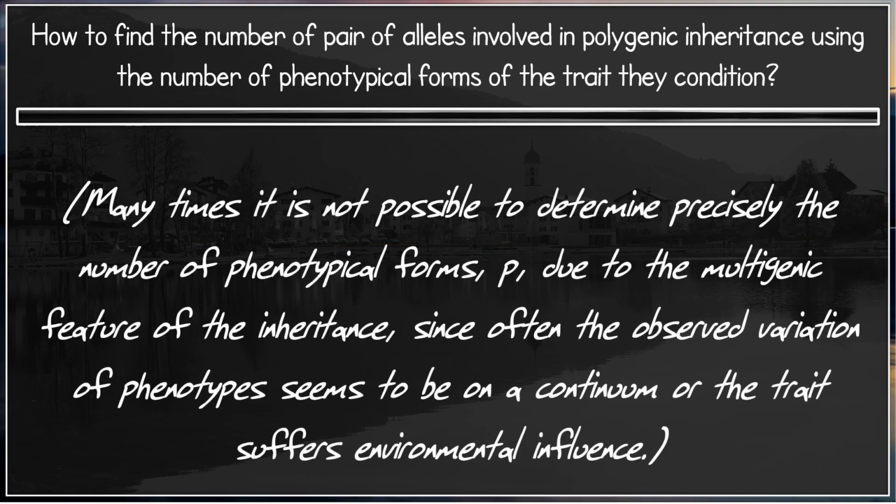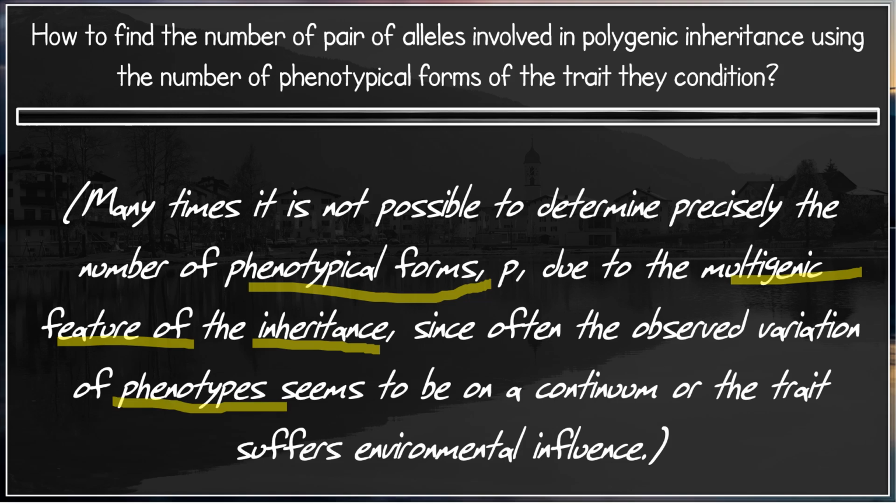Many times it is not possible to determine precisely the number of phenotypic forms, P, due to the multigenic features of inheritance, since often the observed variation of the phenotypes seems to be a continuum, or the traits suffer environmental influence.